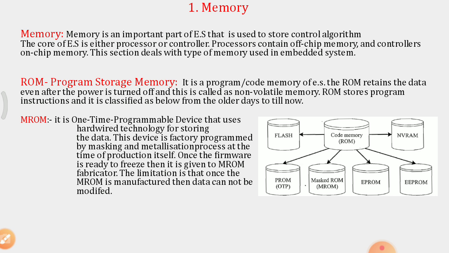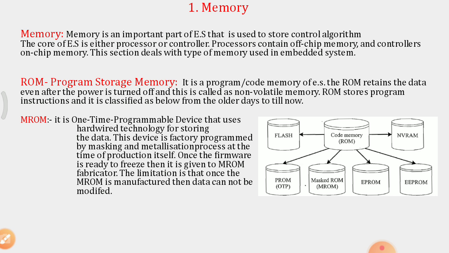ROM is a read-only memory and RAM is random access memory. We will go for the first point, ROM, read-only memory, which is also called as program storage memory or program memory. So it is a program or code memory of embedded system.